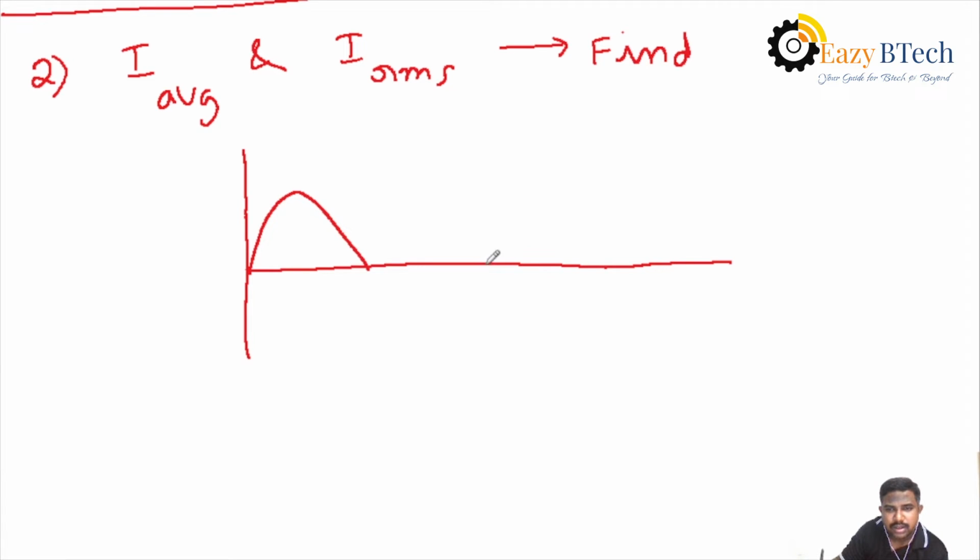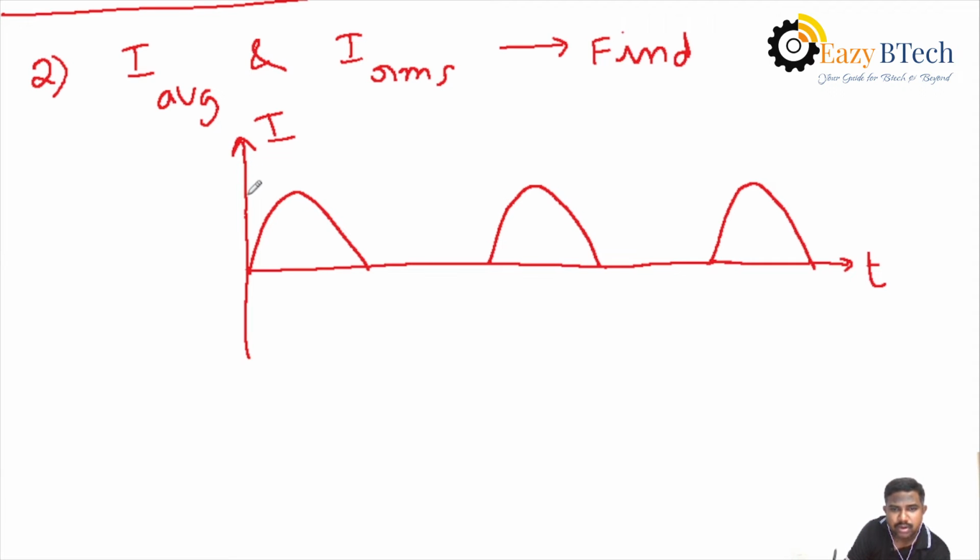That is only the sinusoidal waveform consisting of positive half cycles. Then the negative half cycles will be 0. The x-axis is taken as t and the y-axis is taken as I, and the maximum value is Im.